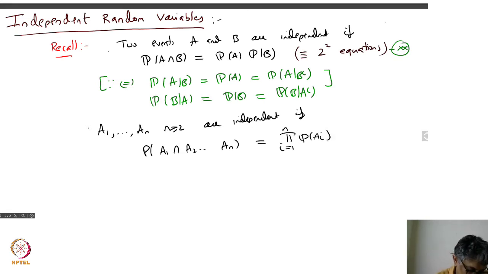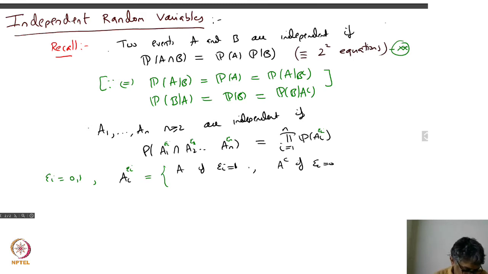You have to do something a little bit trickier. You put an epsilon i at the top: epsilon 1, epsilon 2, ..., epsilon n, where A super epsilon i is equal to A if epsilon i is equal to 1, and A complement if epsilon i is equal to 0.